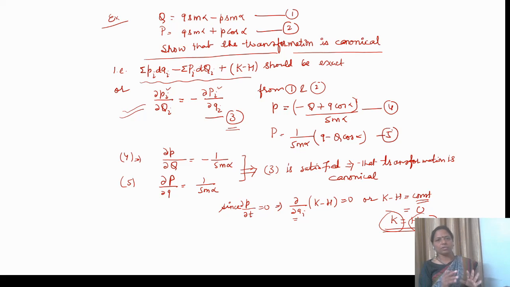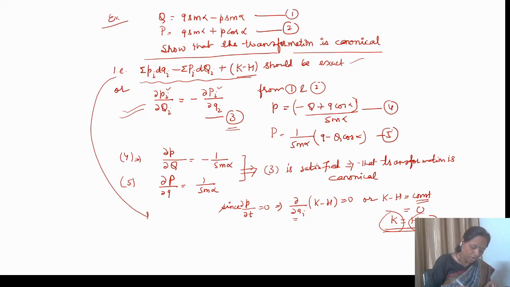So this is one way to show that your transformation is canonical, in which you have shown that this is exact. And if you are saying K is equal to H, what is finally your condition of exactness for transformation equations to be canonical? Pi dqi minus capital Pi dqi is exact.